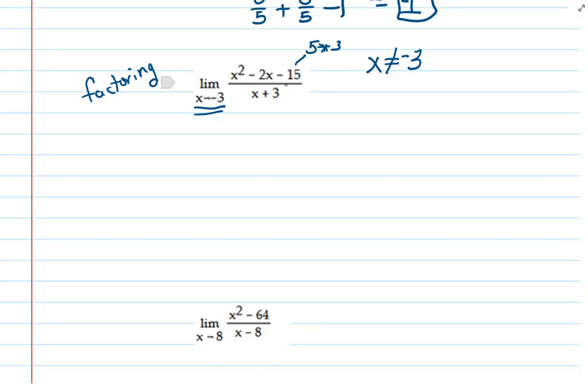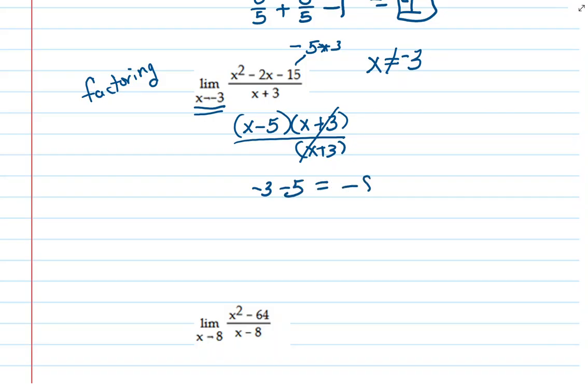And we need a negative in the middle, so 5 is negative and 3 is positive. So they cancel. I have a removable point. And now I'm substituting -3 and it gives us -8. And that is our limit.